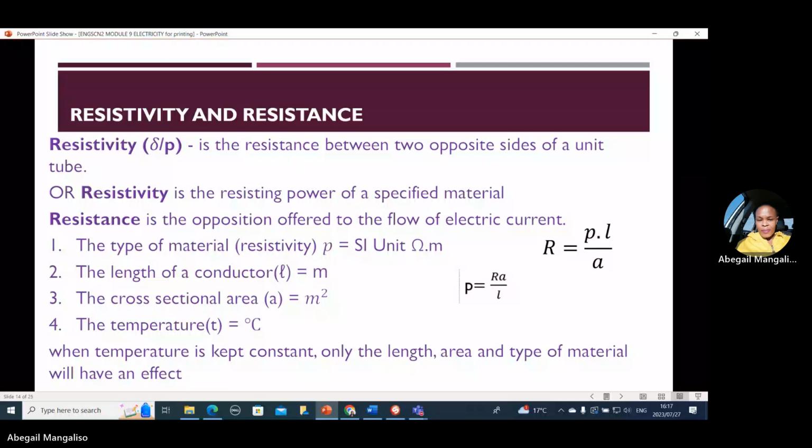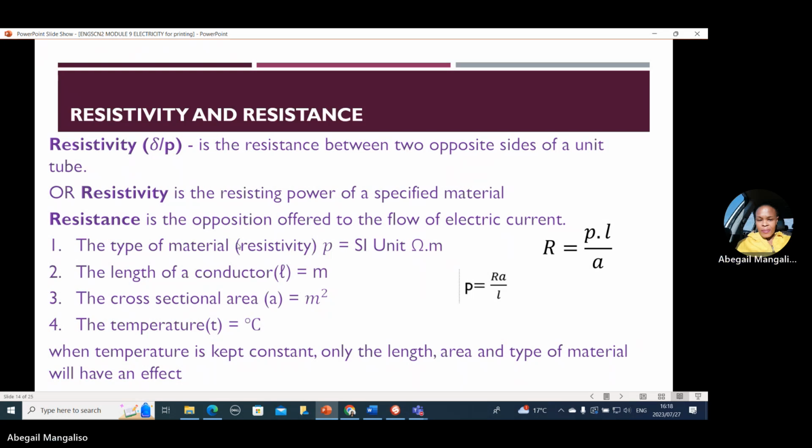Hi everyone, in this video I'm going to do resistivity. Resistivity, using the symbol ρ, is defined as the resistance between two opposite sides of a unit cube, or the resisting power of a specified material.